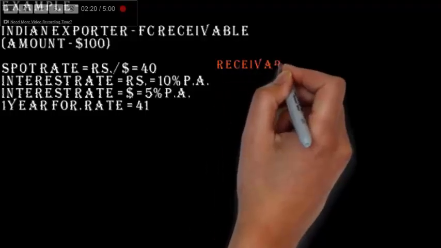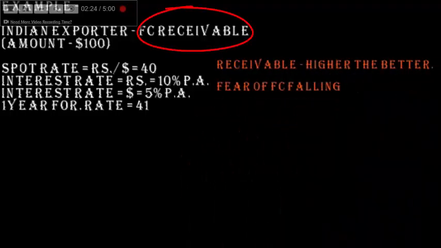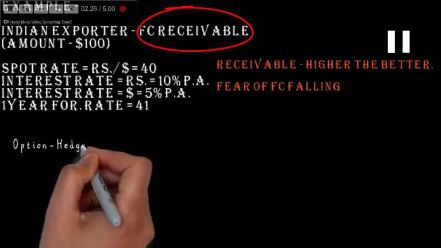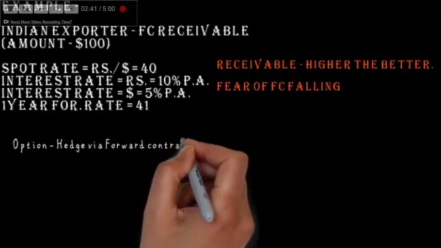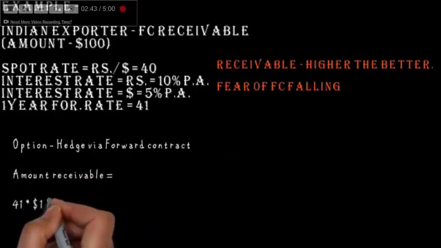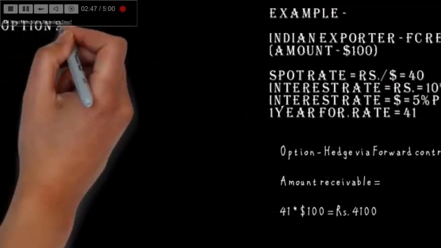Now the first option is, receivable, always the higher the better, and I have the fear of foreign currency falling. I hope you remember, whenever I have fear of foreign currency falling, that is I have receivable, then I will sell the forward contract, and in case of forward contract, the amount receivable would be rupees 4100.